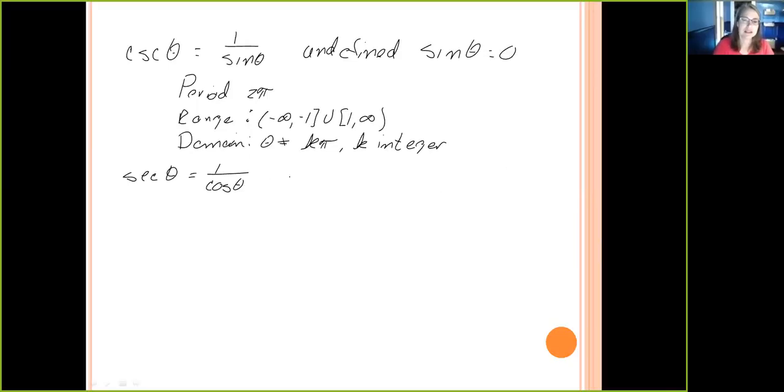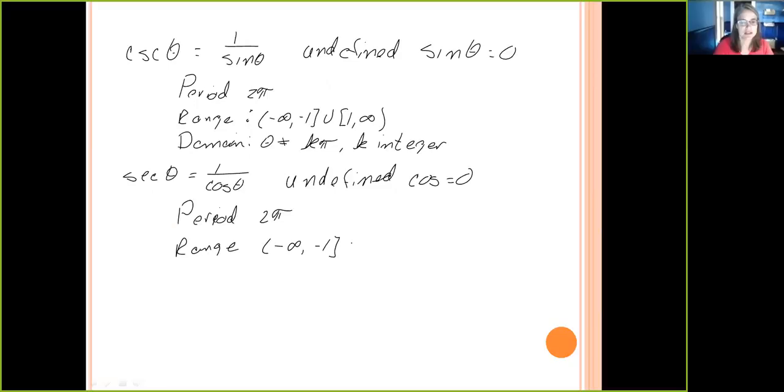Now, this function is going to be undefined wherever cosine equals 0. This function will, it shouldn't be too surprising, have the same period as cosecant, which is 2 pi. Its range is also going to be the same, negative infinity up to and including negative 1 and 1 to infinity.